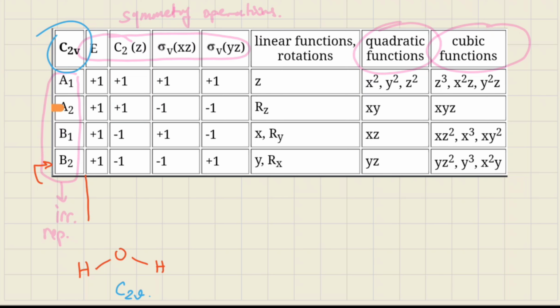And I want to write the reducible representation for these two bonds.